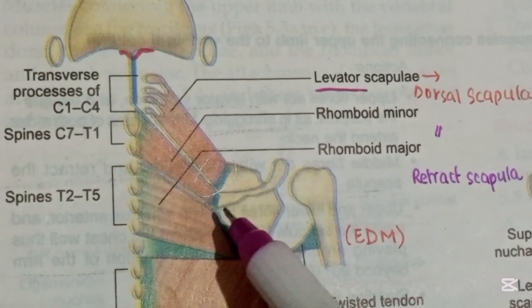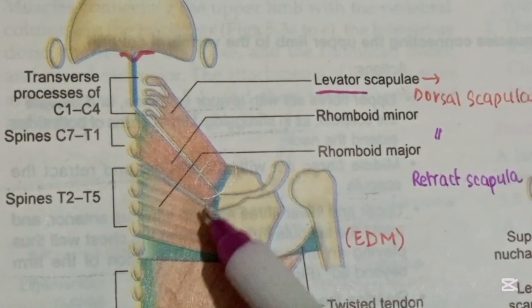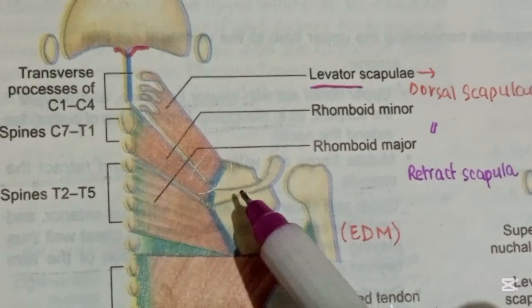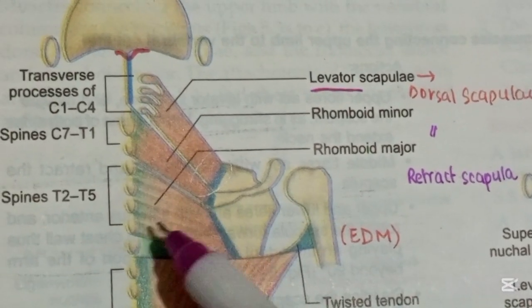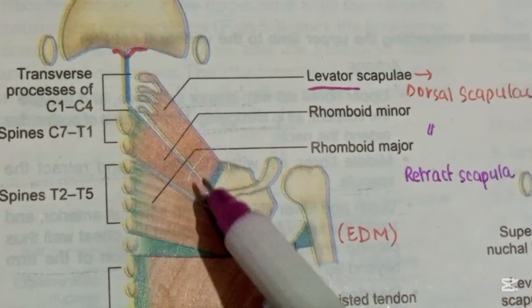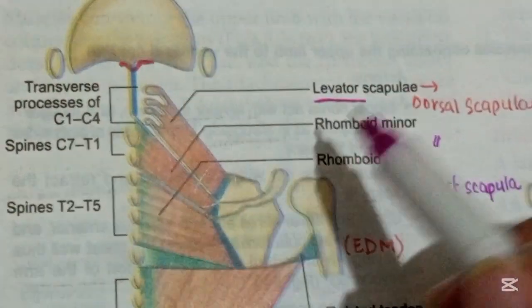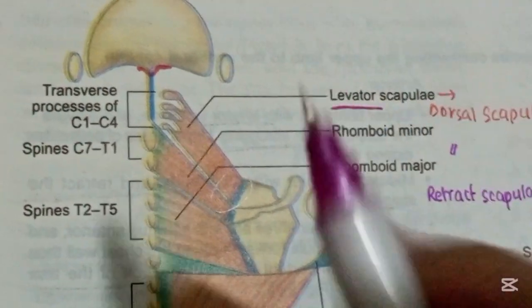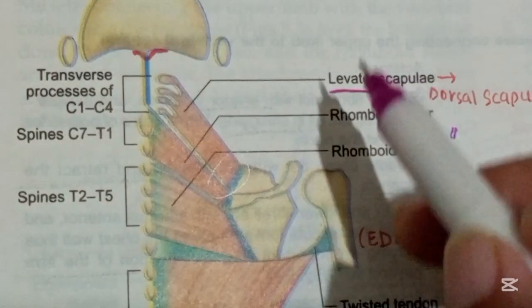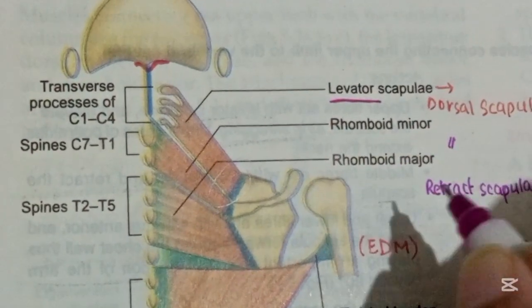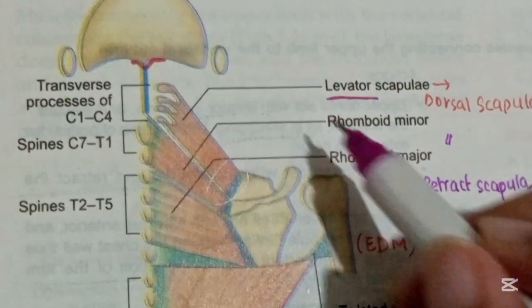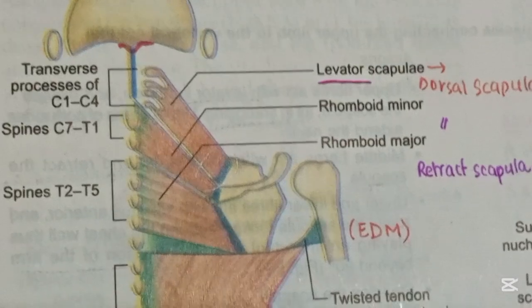The minor is inserting in a triangular space in front of the spine of scapula, whereas the major is inserting downward along the medial border of the scapula. Both are supplied by the same nerve, that is dorsal scapular nerve, and their function is to retract the scapula. R from rhomboid, R from retraction.